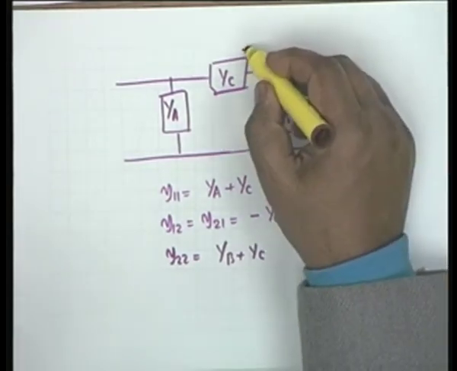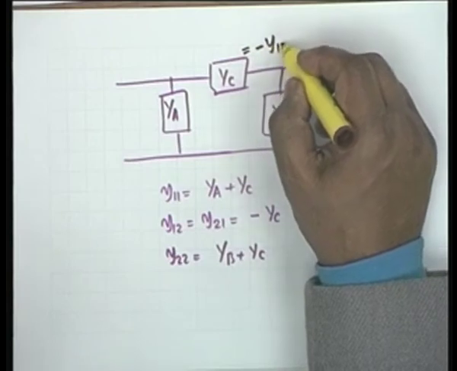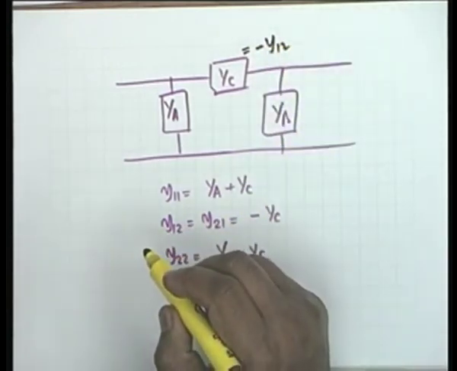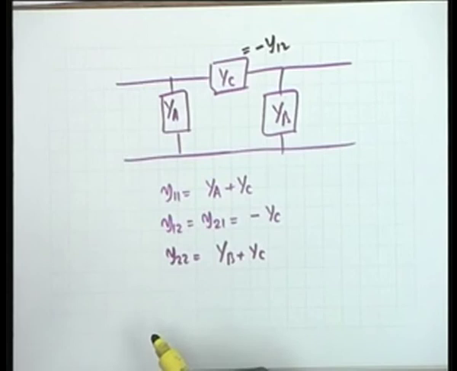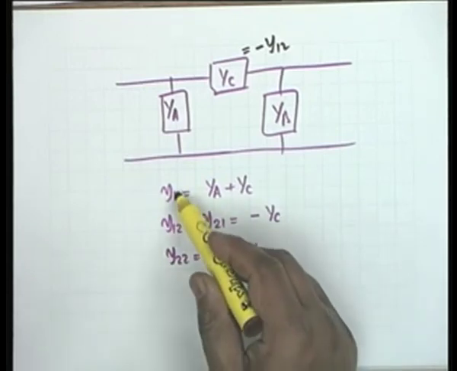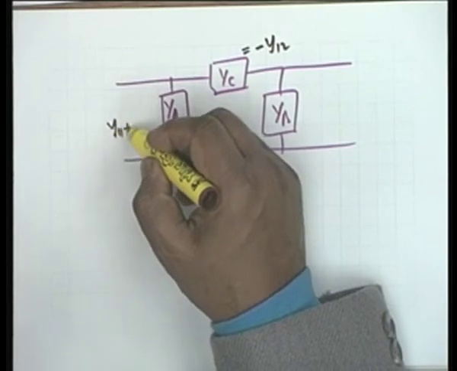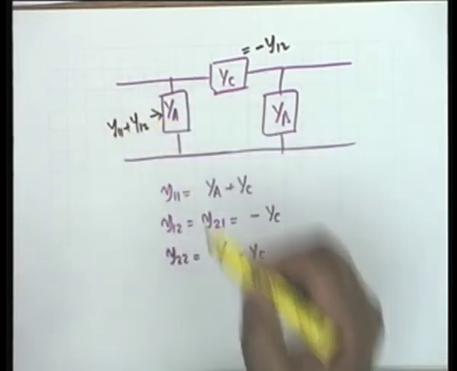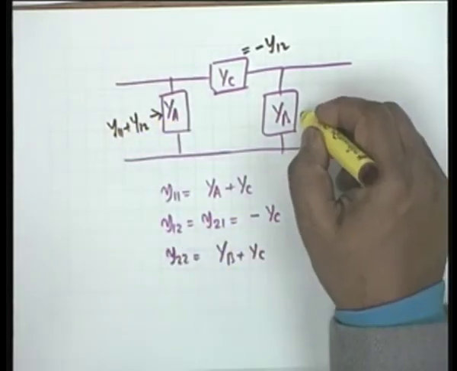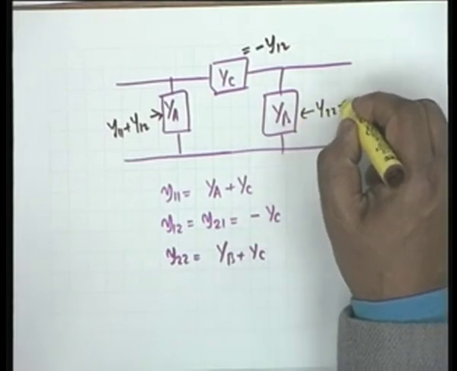What is YC? YC is minus Y12. What is YA? YA is obviously the sum of the two, so Y11 plus Y12, and YB is Y22 plus Y12.